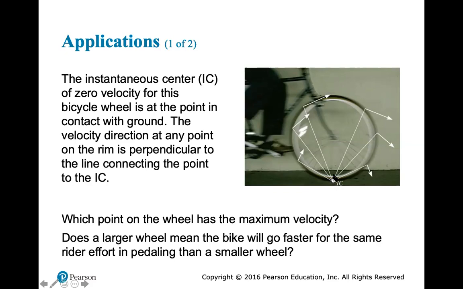And this is a point where instantaneously, at that moment when it's in contact with the ground, the velocity of this point is actually 0 because it's rolling without slipping. So the velocity here is 0, and the velocities of any other point are perpendicular to the lines of action back to that point with 0 velocity.